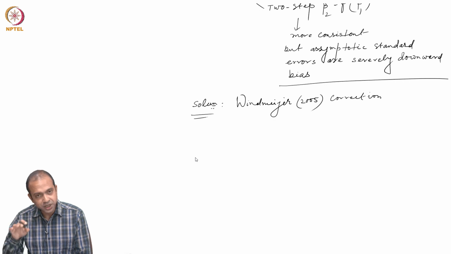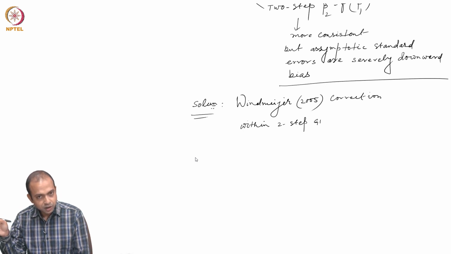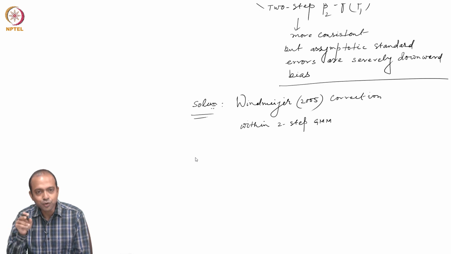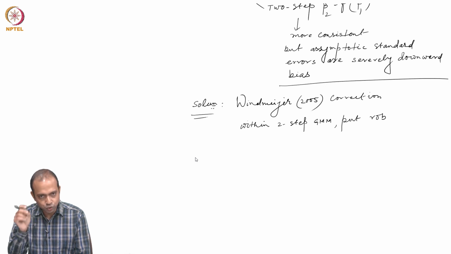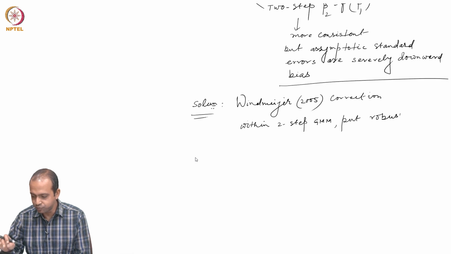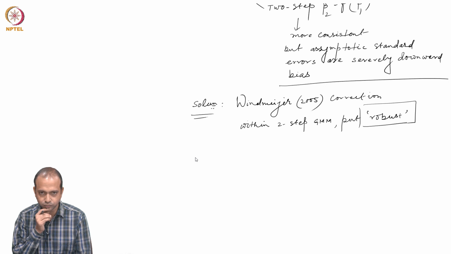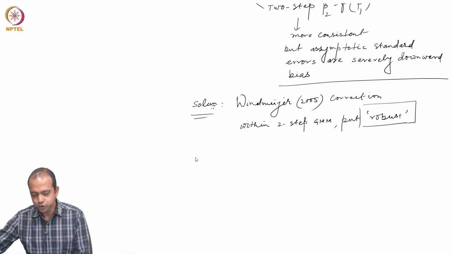Even if we do not put it, two-step is already theoretically more robust than one-step, but when I put robust again within the two-step, that means I am asking for the Windmeijer correction. So, with xtabond2, if you put two-step after all this command and then put robust, it will lead to the Windmeijer correction. That is also something we need to keep in mind.